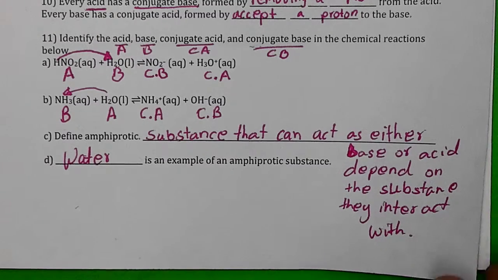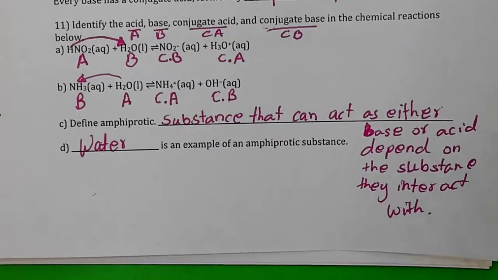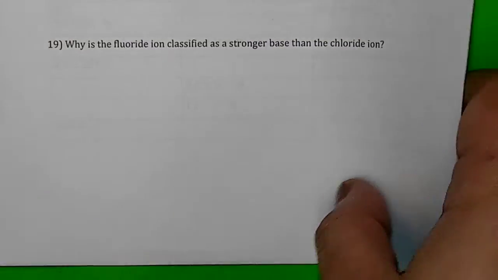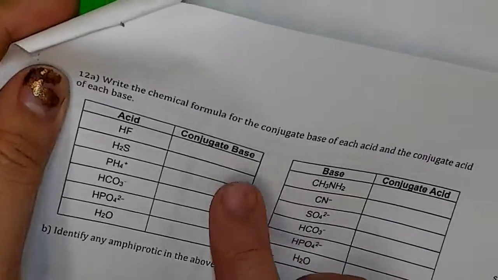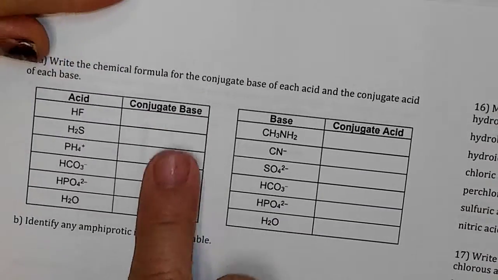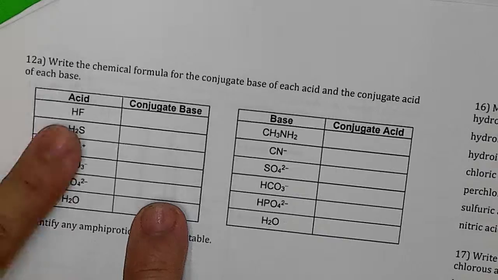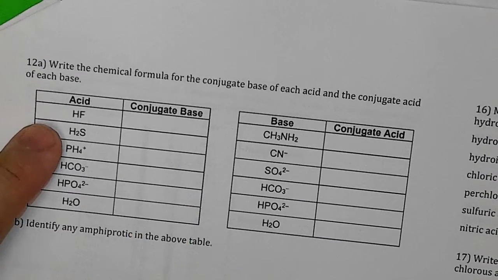All right. So let's go to the... Oh, yeah, you guys are still writing. Let's go to the next page. I want you guys to go ahead and write your conjugate acid and base. Go ahead and try them to see if you can write conjugate acid and base. Notice that to write the conjugate base, what are you simply doing from the acid? What did the acid do?